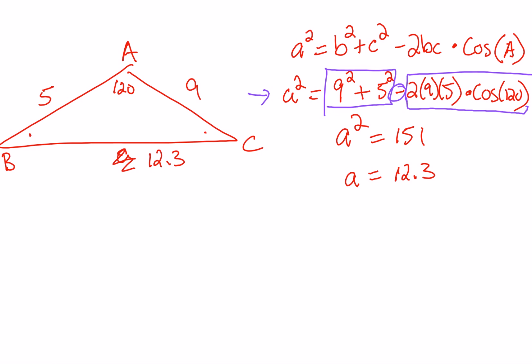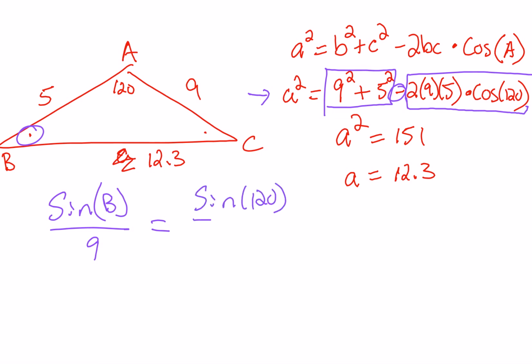So to figure out angle B, I'm going to say, well, the sine of B over 9 is equal to the sine of 120 over 12.3. So that's the law of sines. If you don't remember the law of sines, go back, watch my other video on law of sines. Here we're going to cross multiply.